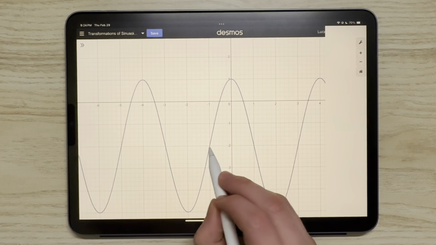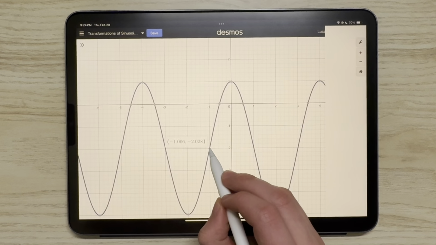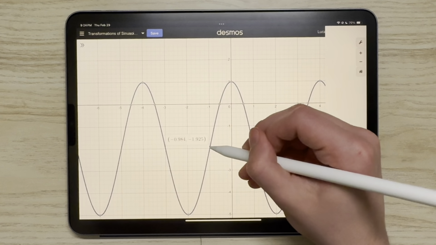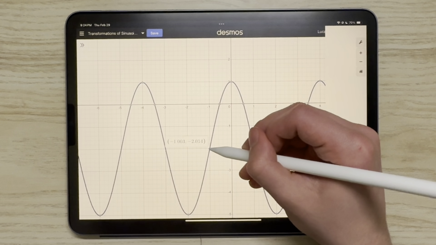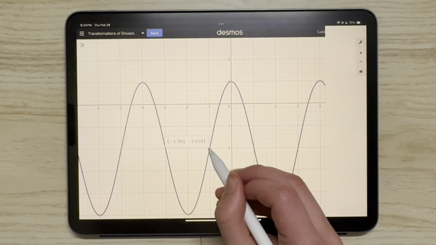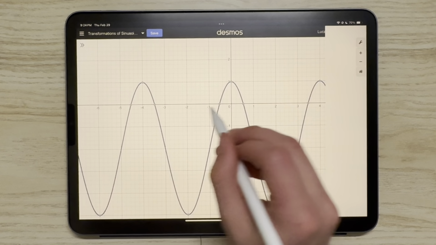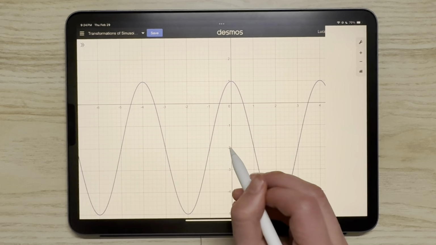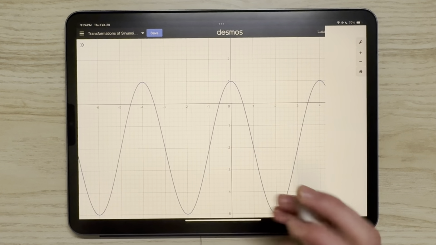If this is sine, sine starts here at the middle of this little upward slope. So we just need to see how far this has been moved. This point is at -1, and so we moved the graph 1 unit to the left.